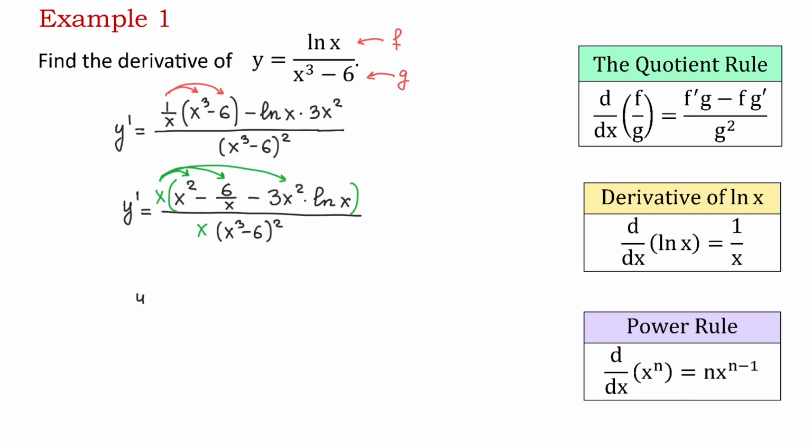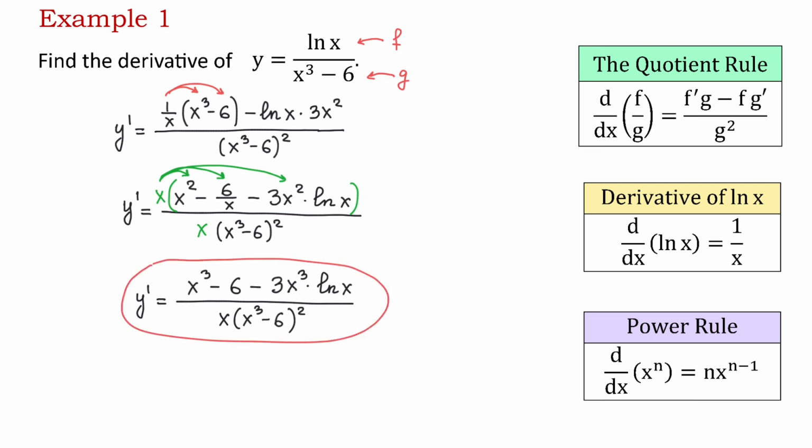Then we will have y prime equals, then x times x squared is x cubed minus x times 6 over x is 6 minus x times 3x squared is 3x cubed times natural logarithm of x over x times x cubed minus 6 squared. And now this problem is completed.